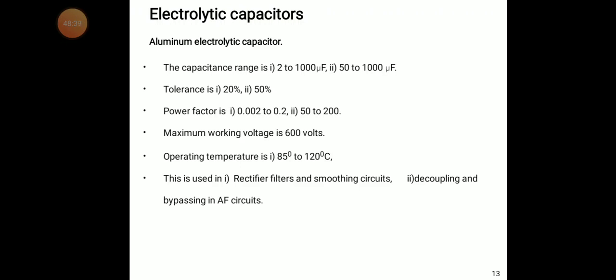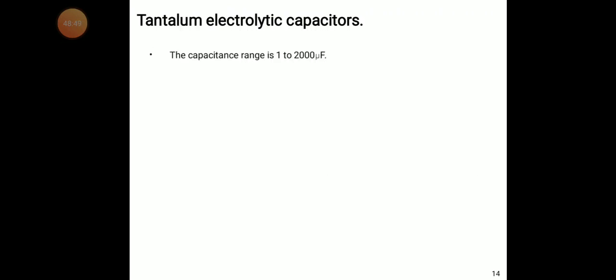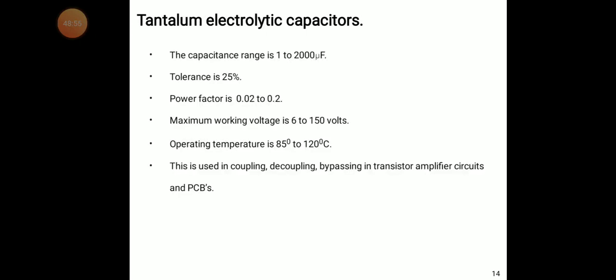Aluminum is also very advantageous, used in rectifiers, filters and smoothing circuits. Tantalum electrolytic capacitors are mainly used in PCBs, bypassing, decoupling and coupling.